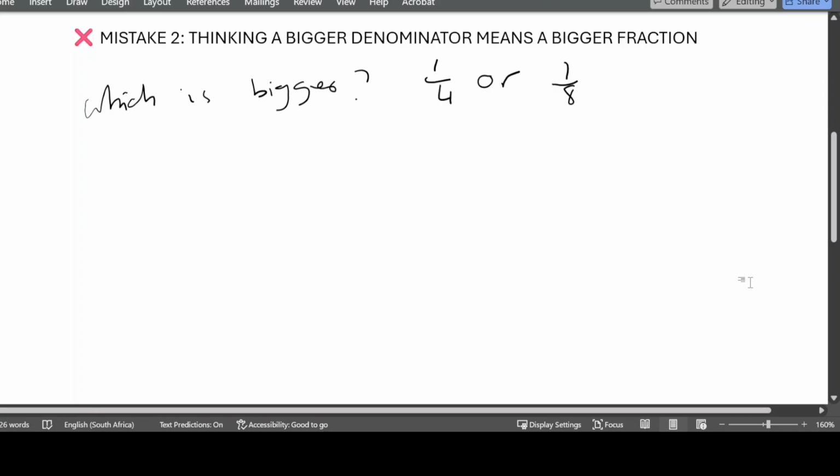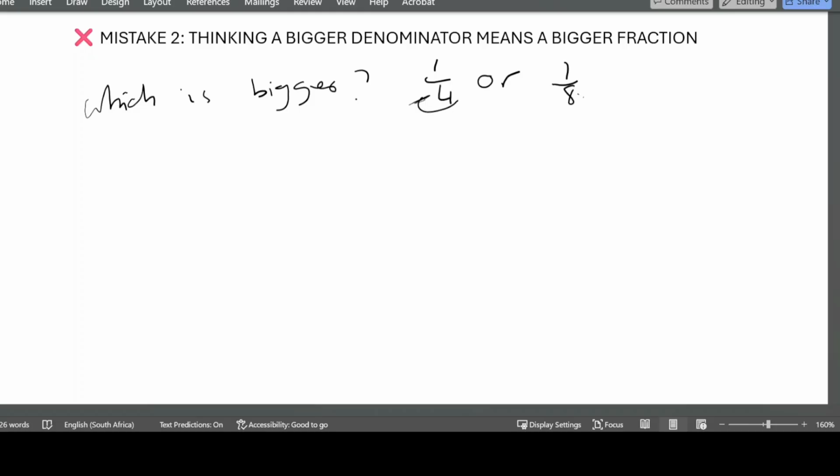Many learners think 1 over 8 is bigger because 8 is bigger than 4, but this is wrong. The bigger the denominator, the smaller each piece becomes. So 1/4 is bigger than 1 over 8 because the pieces are larger.